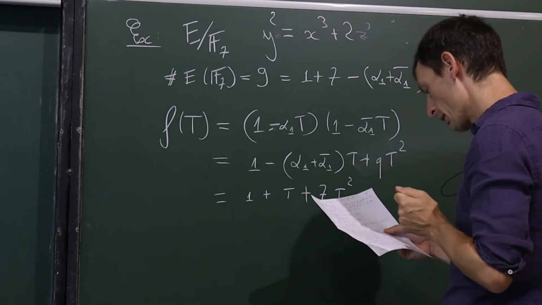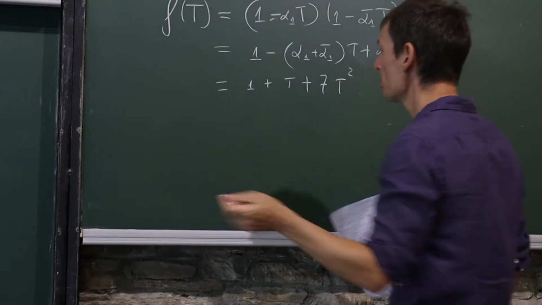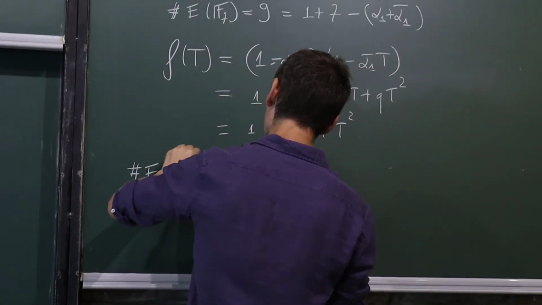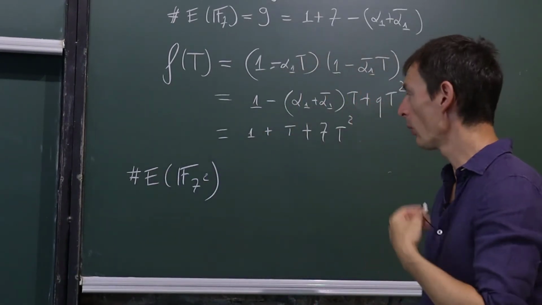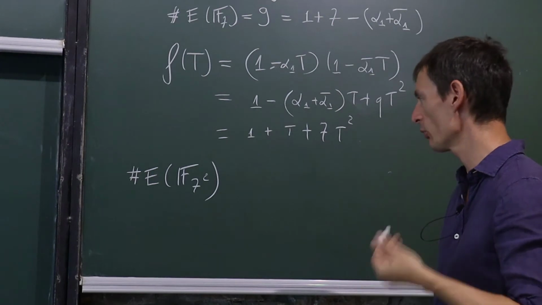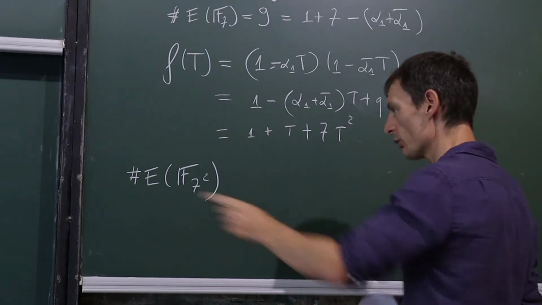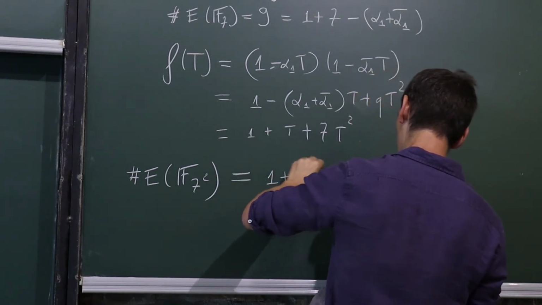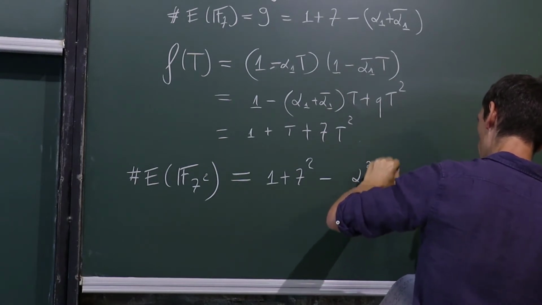All right. But also what is nice is that if you want to know, for instance, the number of points on E over F7 squared, of course you could take all points in F7 squared and try them. But you don't need to, because now you can use this formula that we have here, that the number of points is going to be 1 plus 7 squared minus alpha 1 squared plus alpha 1 bar squared.